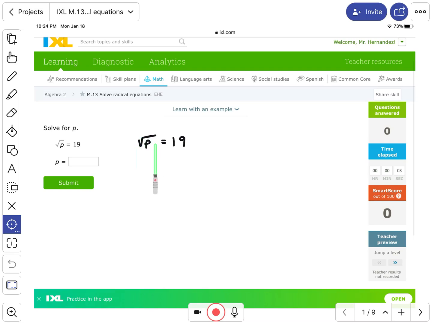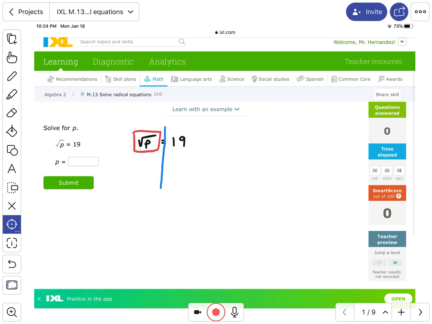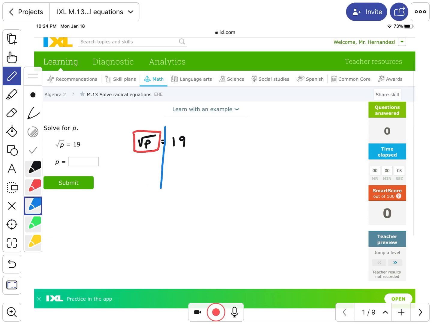All right, so the first thing you want to notice is this entire thing here is called a radical expression. And notice that it's the only thing on this side of the equal sign, on the left side. So when you have a radical expression on the one side of the equal sign, you could go ahead and get rid of that radical expression by doing the inverse of a square root, which is a square.